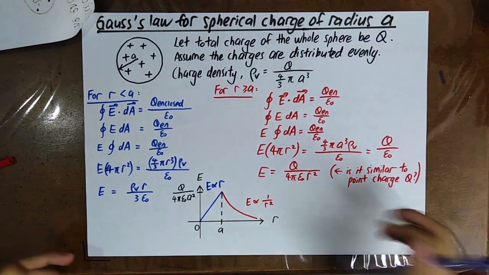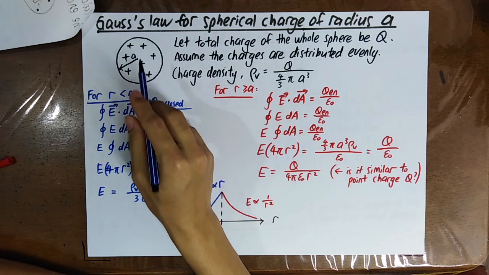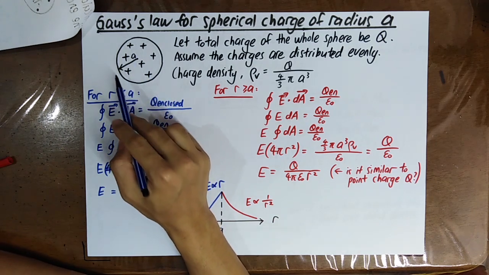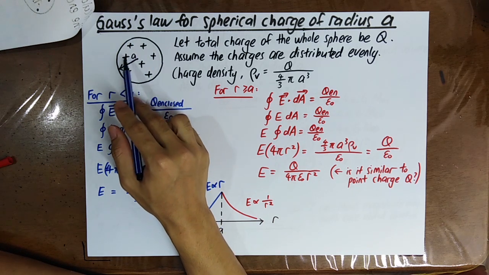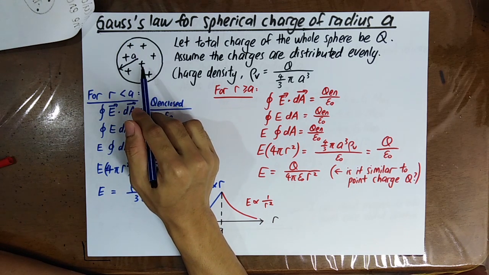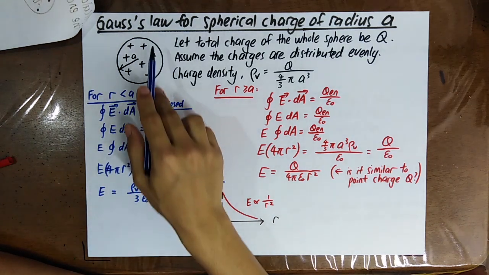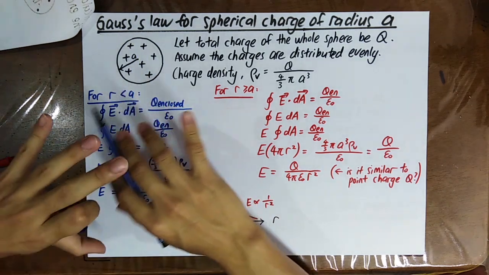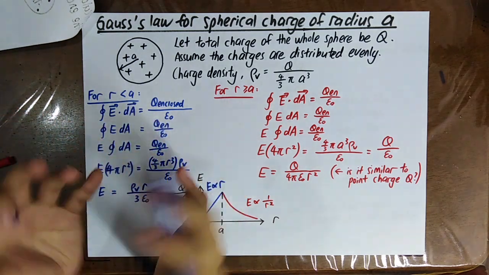Now we consider a volume of charges. Okay, so this is an insulator so that the charges can be distributed evenly throughout the volume. If this is a conductor, then all the charges will be repelled to the surface of the conductor.